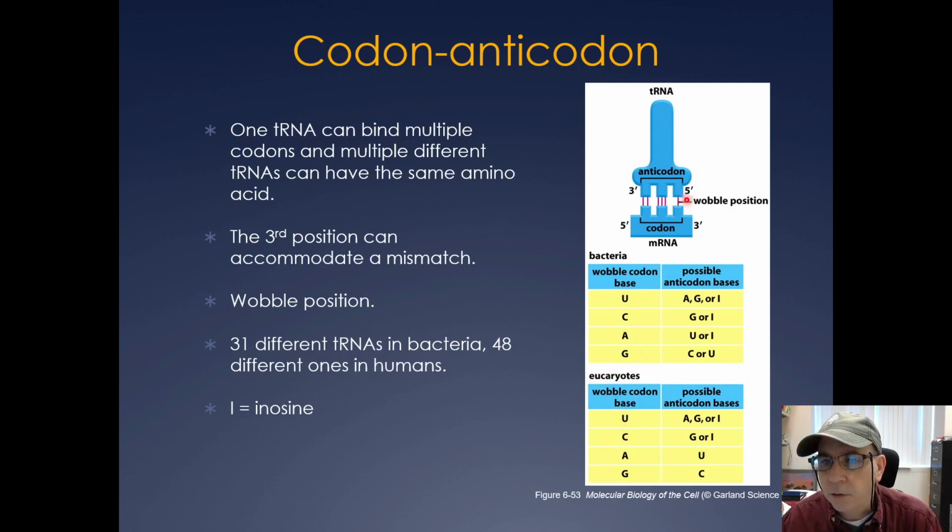Okay, so this is considered the wobble position. So it turns out that even though we have the potential for 64, well, technically 61 different codon-anticodon pairs, there's only actually 48 in humans and 31 different tRNAs in bacteria. So not all are used. So this becomes important.